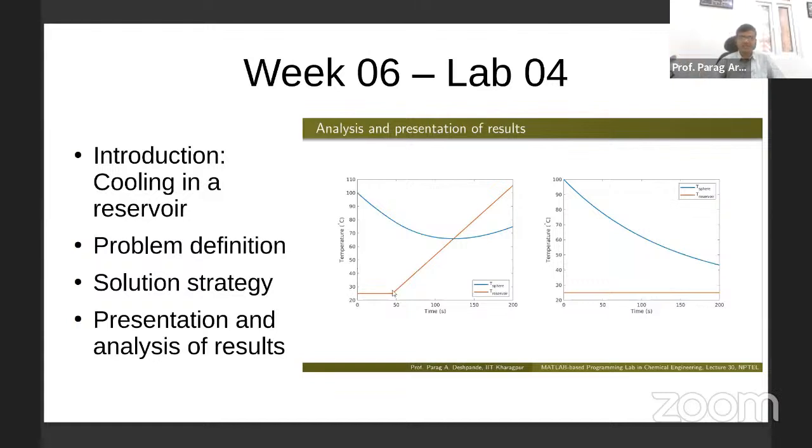Expected. But then when the reservoir temperature starts increasing, if you see here on the right hand side, after 45 seconds now, the reservoir temperature is increasing at a constant rate. The body temperature tries to catch up, right? So therefore, body temperature also starts rising. First it reduces, then it rises again.